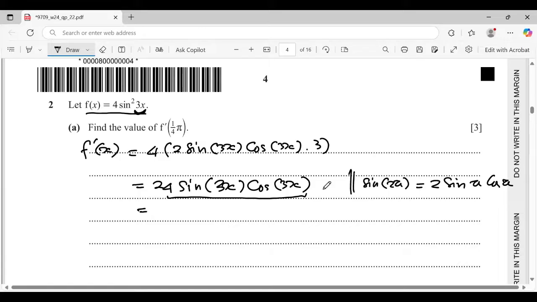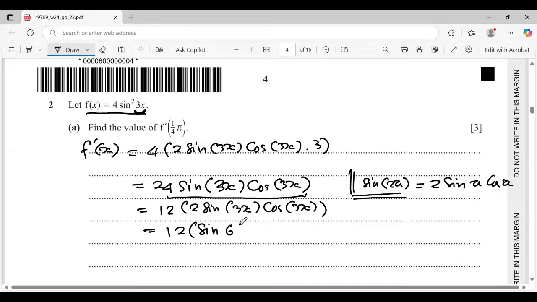So I would like to apply this identity to this expression, and it becomes 12 times 2 sine 3x cosine 3x. So it becomes 12 sine 6x based on this rule. 12 sine 6x. This is the derivative.